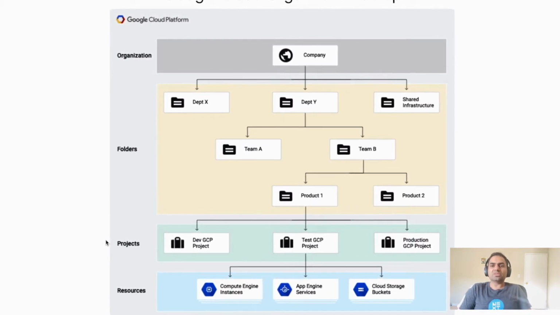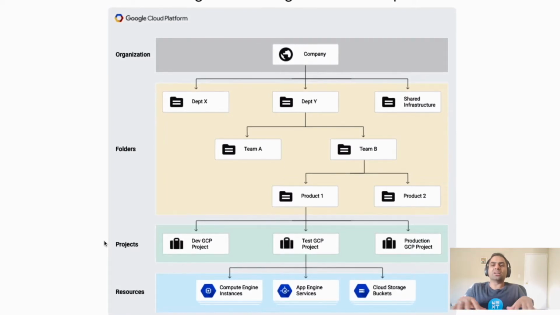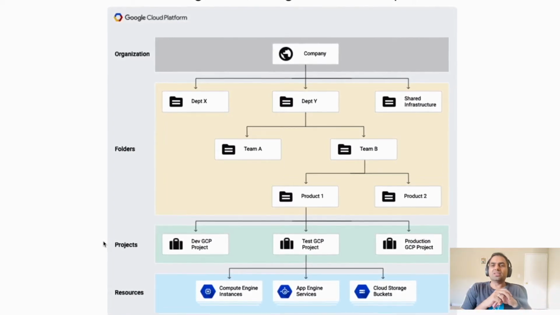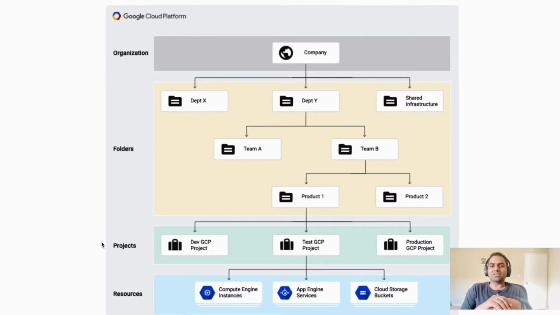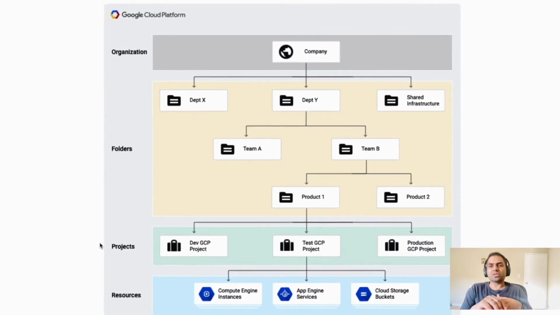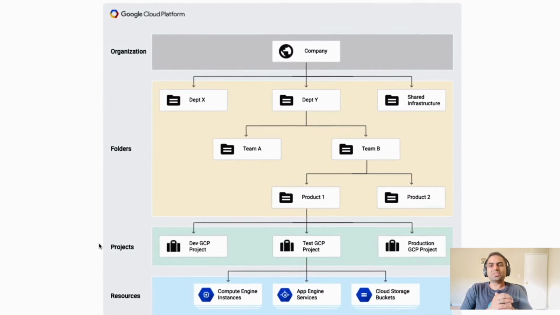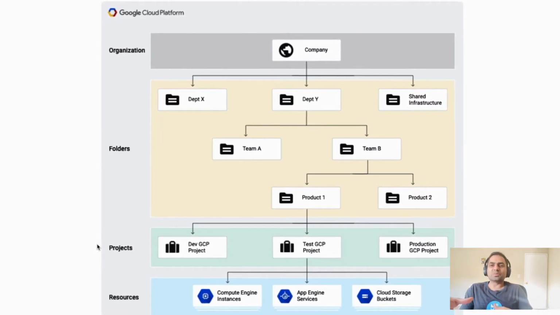If you start with the GCP project without attaching your organization, they all are hanging in the air. There is no organization policy that you can bind with them, and it's not a scalable and secure way. So if you think about security, security is always coming with shared responsibility.